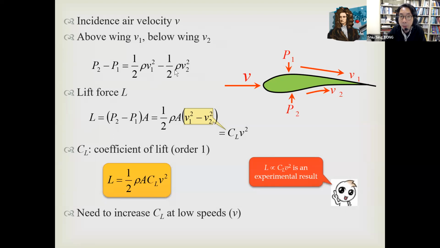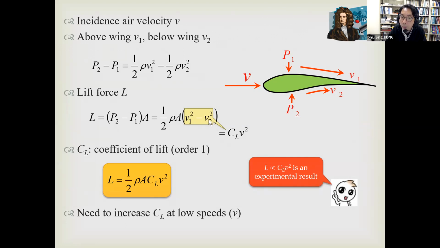Okay, and by Bernoulli's equation, this is equal to half rho A times V1 squared minus V2 squared. Now experimentally, people find that the difference between the velocity squared on the two sides of the wing, on the upper and lower side of the wing, will be proportional to the square of the velocity at a far distance from the wing.